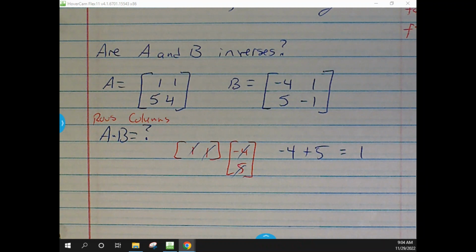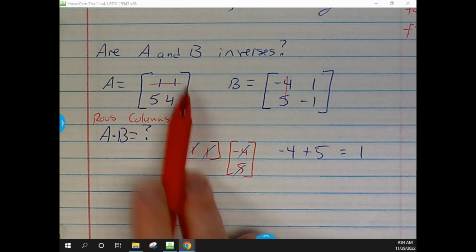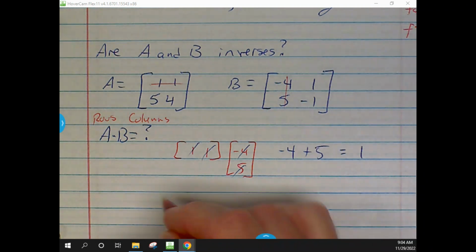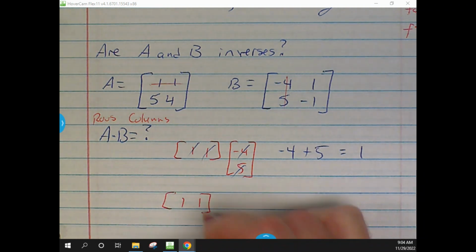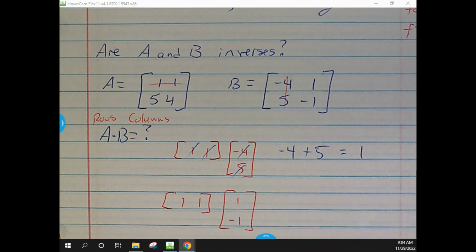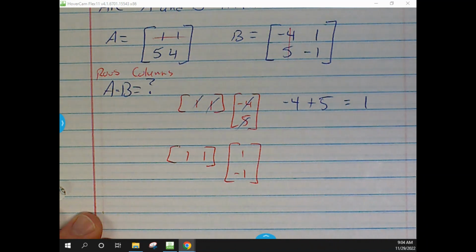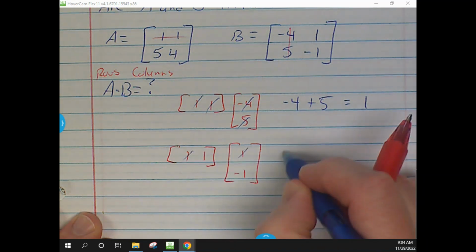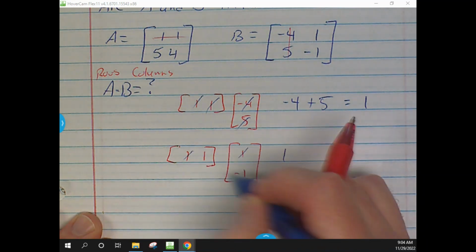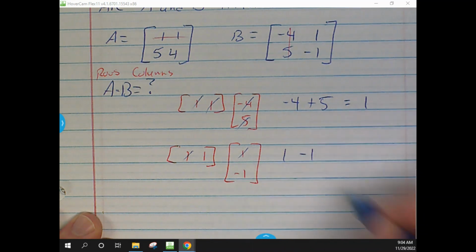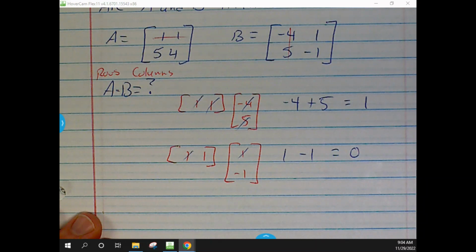All right, now we've done first row, first column. Now we've also got to do first row and second column. So we're going to do [1, 1] times [1, -1]. 1 times 1 is 1, and 1 times -1 is -1, so that's 0.